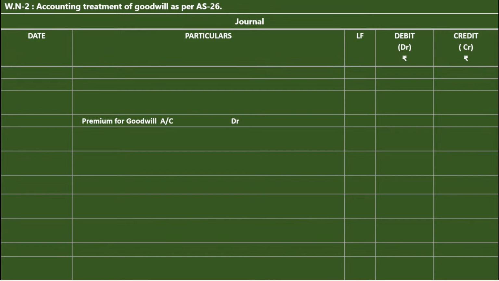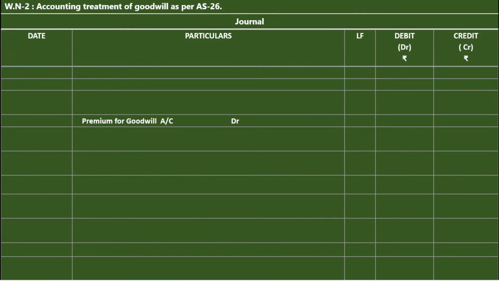When the new partner comes into the partnership firm, as per the English or British system, cash is a real account: debit what comes in. Suppose bank is there, bank is a personal account: debit the receiver. And that partner has given the amount for goodwill, premium for goodwill. That is a representative personal account. That's why credit the giver.